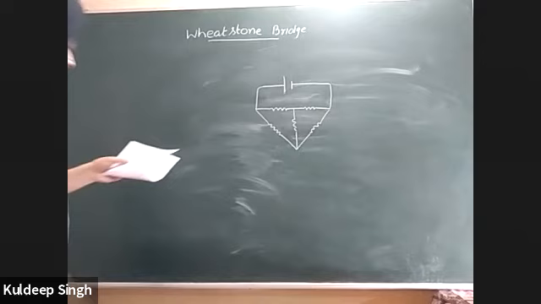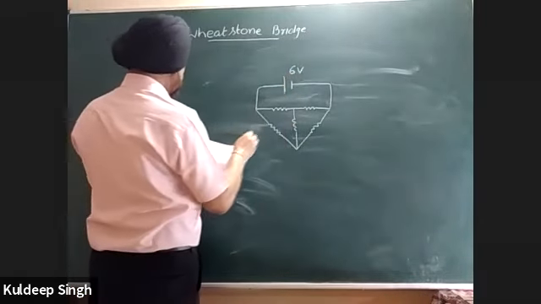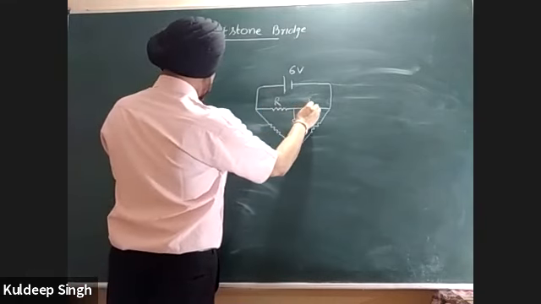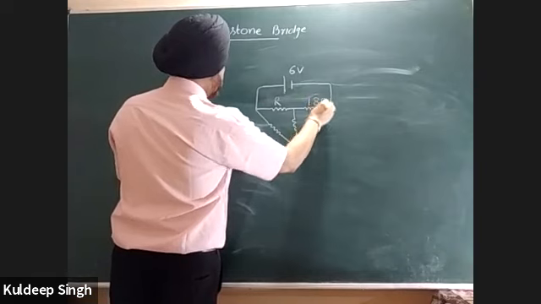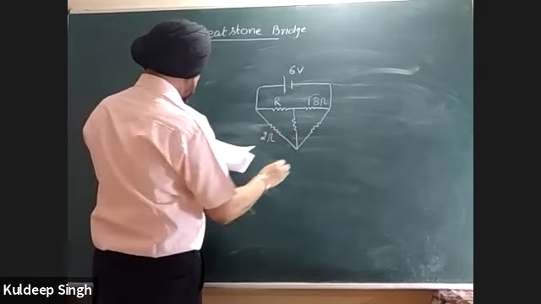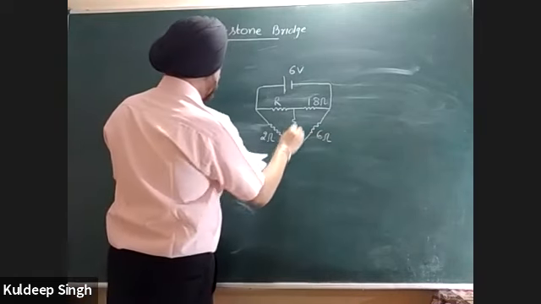So again, you can see there may be some values given to you. Say there is a capital R, 18 ohm, 2 ohm, and 6 ohm. Here I have 5 ohm.